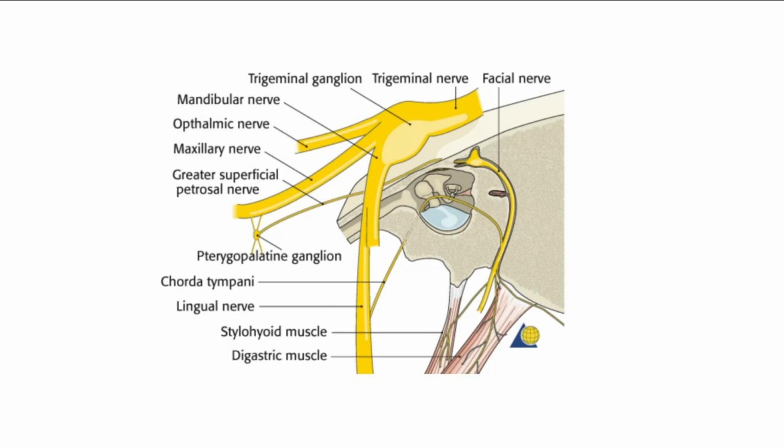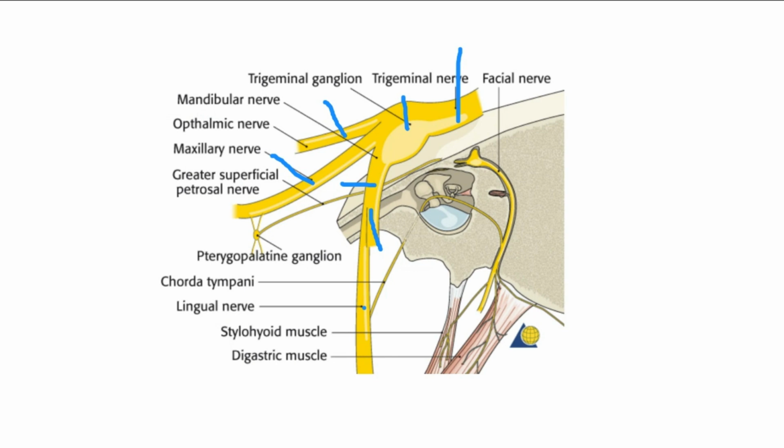Okay, one more thing that you guys need to know, because it's a neurostructure list, is the trigeminal nerve, trigeminal ganglia, ophthalmic, maxillary, and mandibular. Of the mandibular, you have inferior alveolar and you have lingual. There is a nerve that will get the taste sensation.